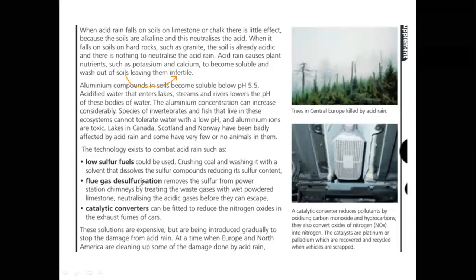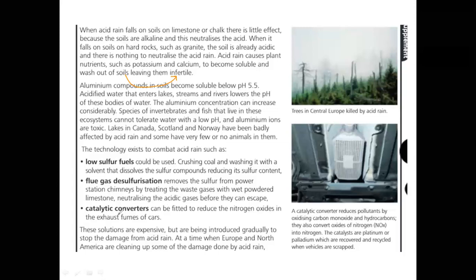Flue gas desulfurization: removing the sulfur from power station chimneys by treating the waste gases with wet powdered limestone. In factories, they are using limestone, right? And that limestone is neutralizing these acid gases before they get to the atmosphere.